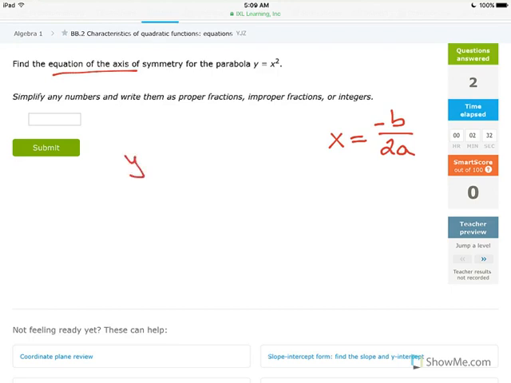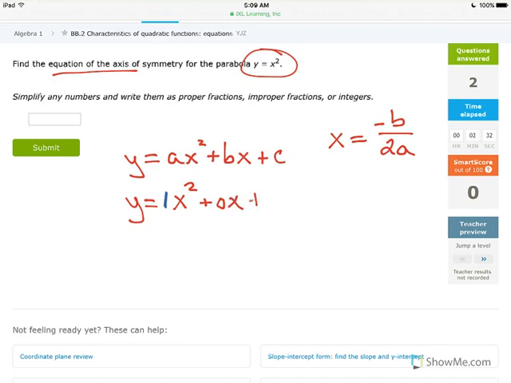So if we have the general form, ax squared plus bx plus c, and what they give us is y equals x squared, but they don't have a second term or a third term. So your a value is going to have to be 1. Your b value would have to be 0 because there's nothing there for that term.